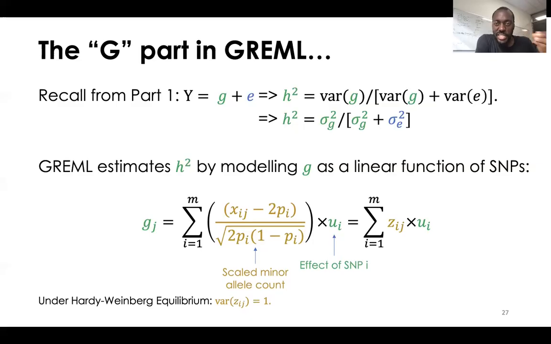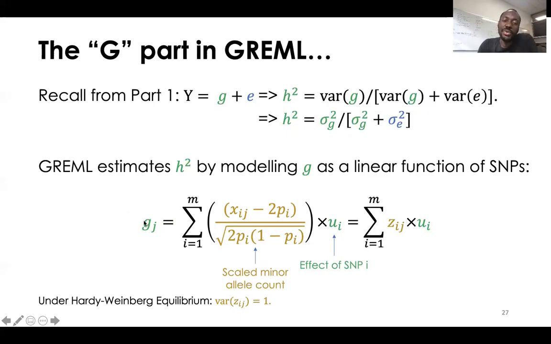The way it does that is by assuming that G is a linear function of all the SNPs, which is written in this equation. What is Gj? Gj is the genetic value, the resultant of all the genetic factors, of individual j.